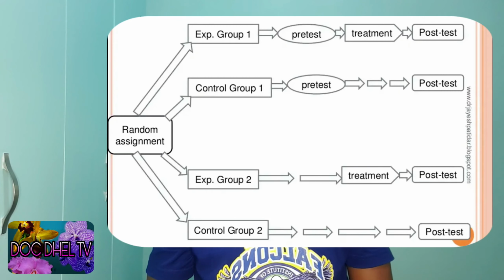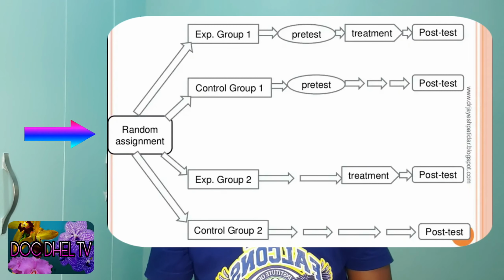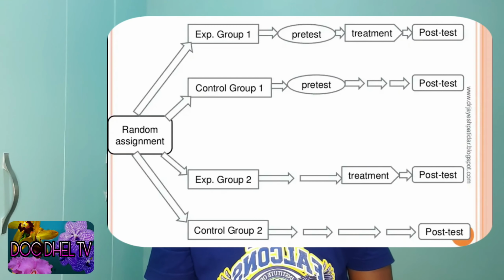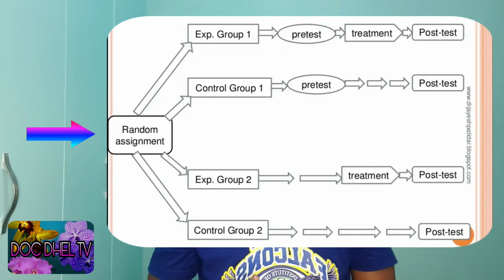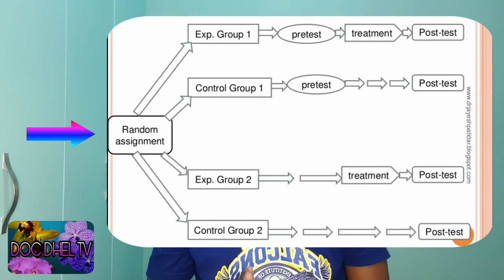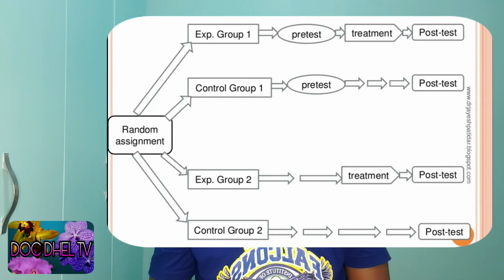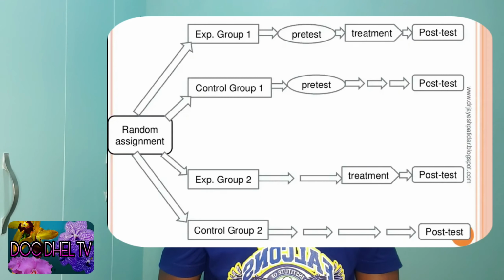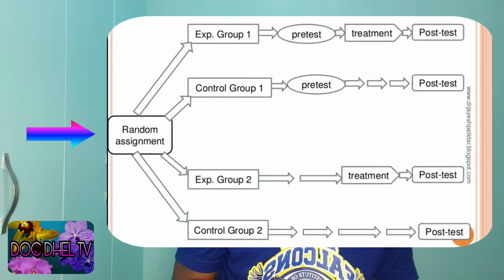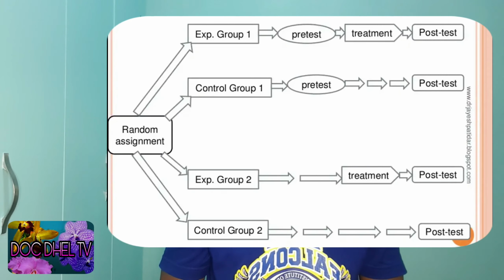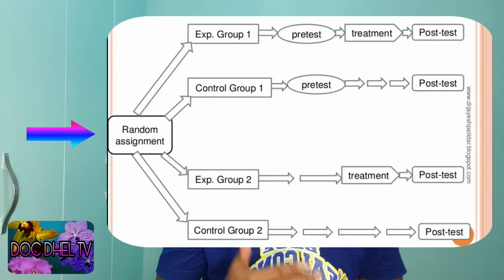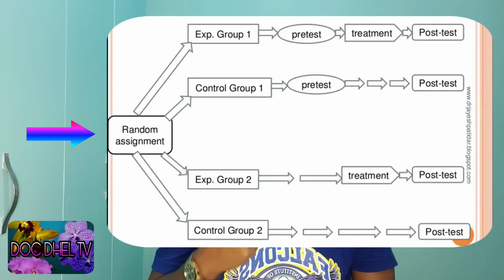Initially, the investigator randomly assigned subjects to the 4 groups. I want you to see the left side. On the left side, this box shows that the researcher or investigator randomly assigned subjects to the 4 groups, the 2 experimental groups and 2 control groups.